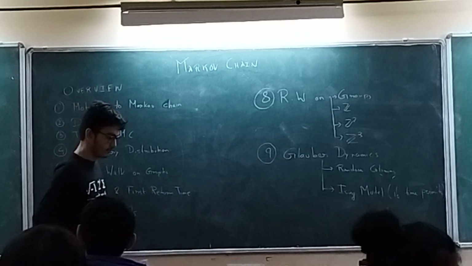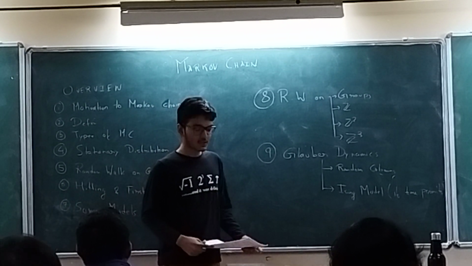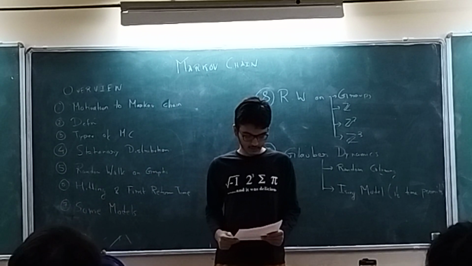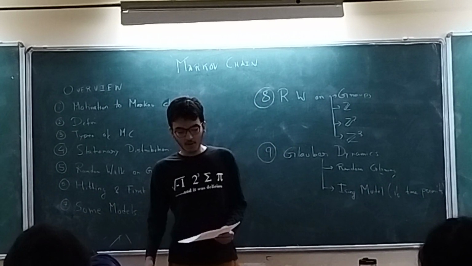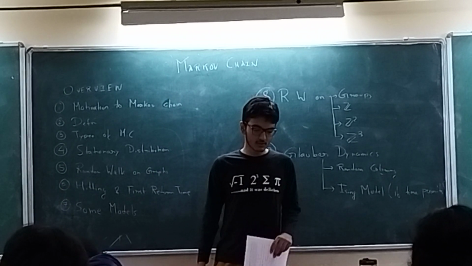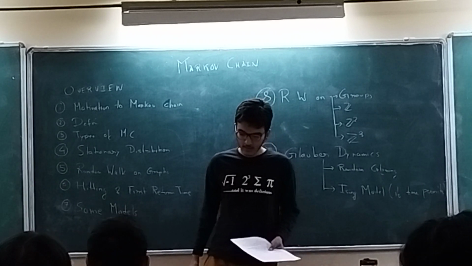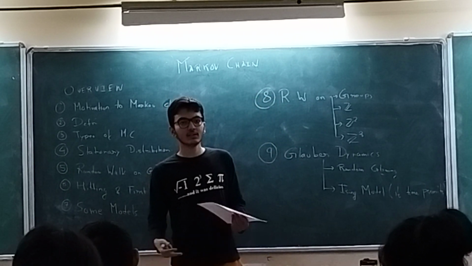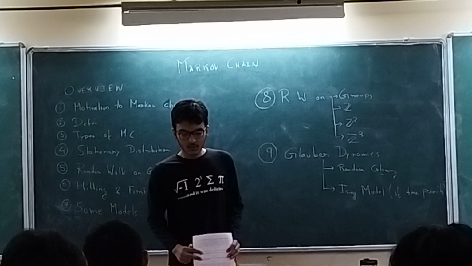Okay, so before starting the talk, I wanted to say something about the history of the Markov chain. Of course, this Markov chain dates back to the early 20th century. The study was given by Markov, and later many mathematicians used it, and even now it is being used heavily in probability.